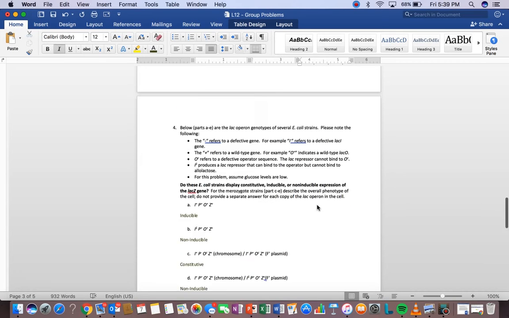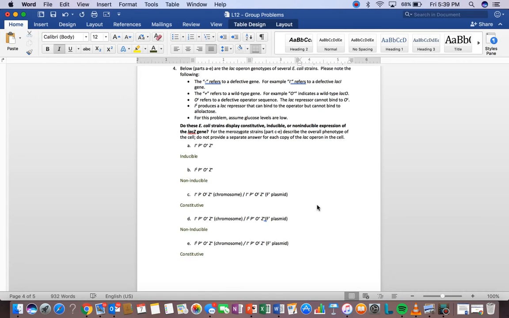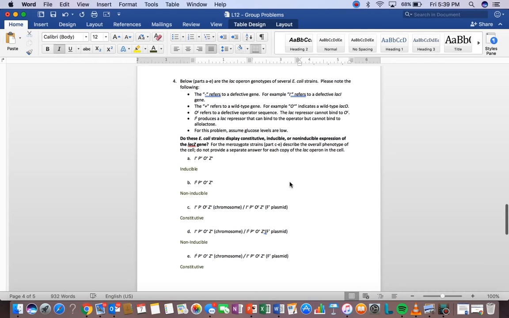Perfect. Okay, so part 4, what we're trying to do is just figure out whether they're inducible, non-inducible, constitutive, and whatnot. And so for part A, we have these parts right here, and from this we know that there's no lactose, and because there's no lactose, transcription can occur, and so that one's inducible.